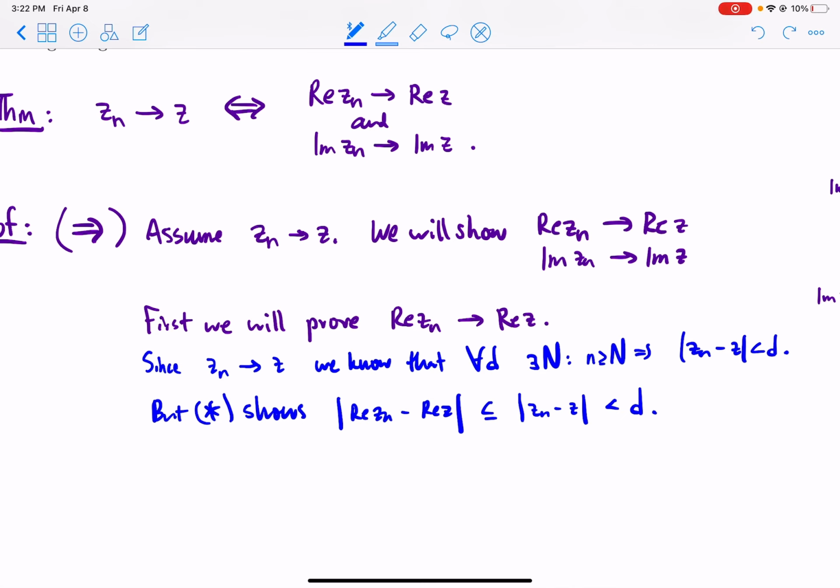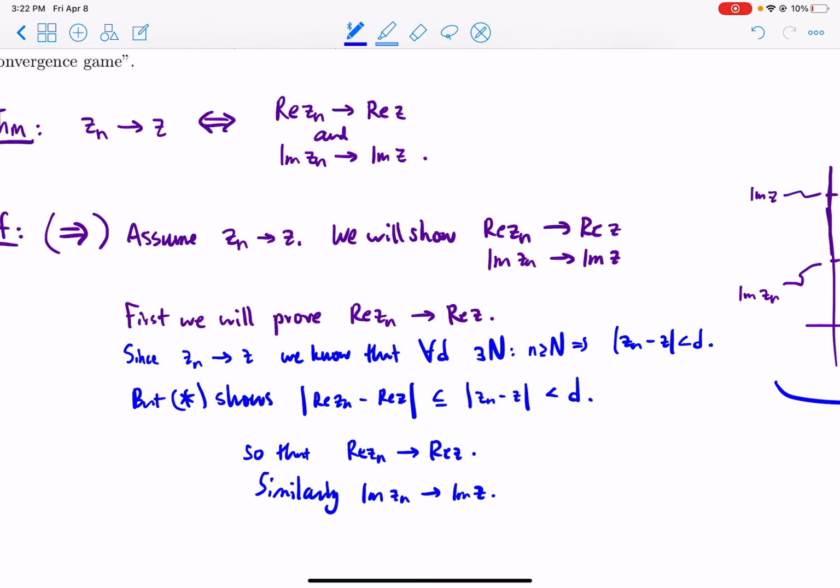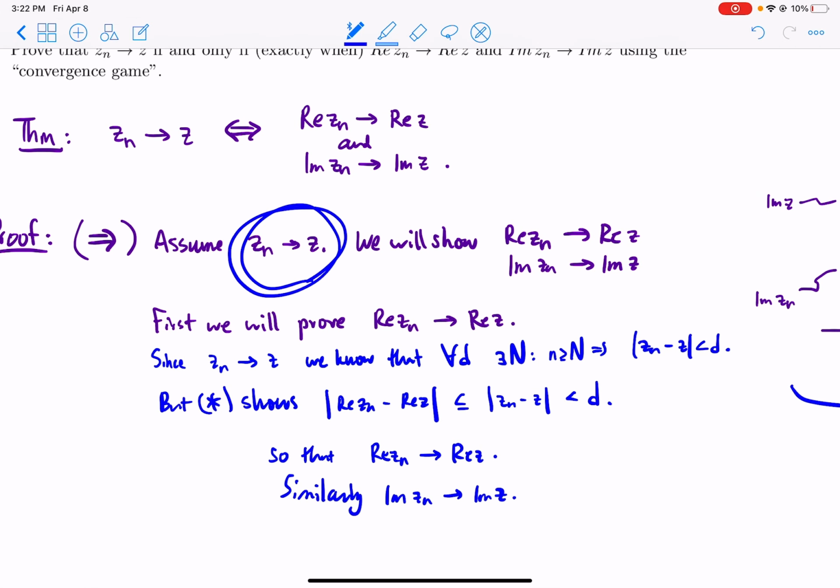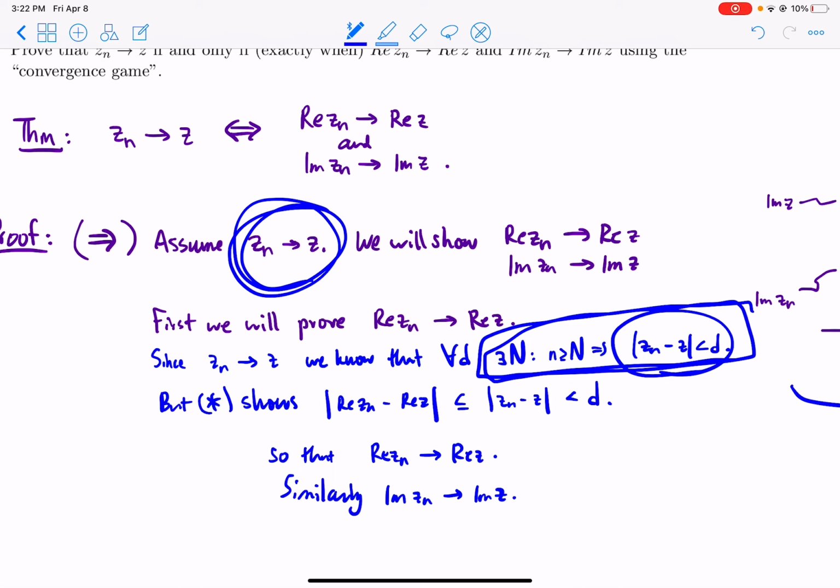So the same capital N works, so that the real part of Zn converges to the real part of z. Similarly, the imaginary part of Zn converges to the imaginary part of z. Okay, so if we assume we have control over this, then we knew that some capital N existed that made this smaller.